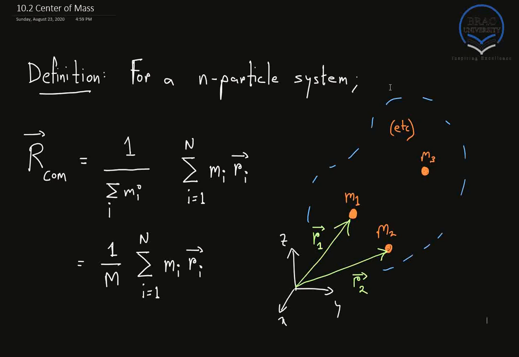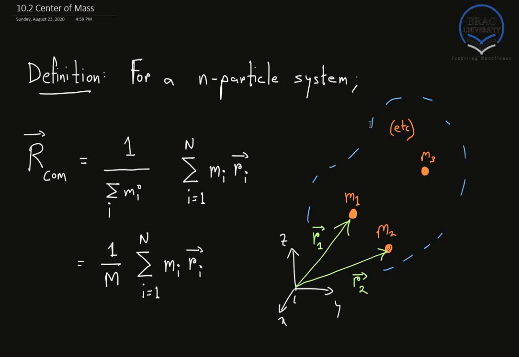So first of all, let's consider a system, a well-defined closed system of n particles. We've of course seen this definition before when trying to talk about the momentum of such a system, right? So for a system of n particles, let's suppose we make a choice of coordinates. Remember, the choice of coordinates is entirely up to you.